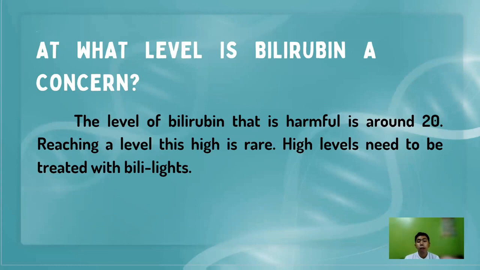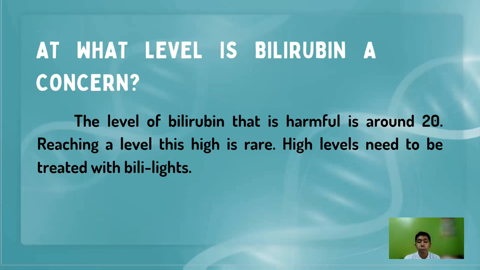At what level is bilirubin a concern? The level of bilirubin that is harmful is around 20. Reaching a level this high is rare. High levels need to be treated with lights.